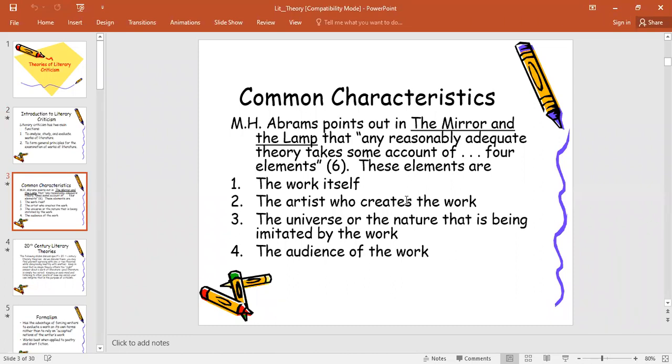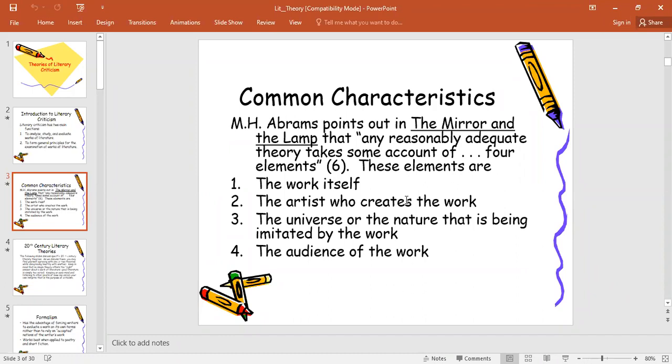See that most theories, or any reasonable theory, certainly is based on these four elements. Number one, the work itself. The work itself means the piece of literature which is before you.